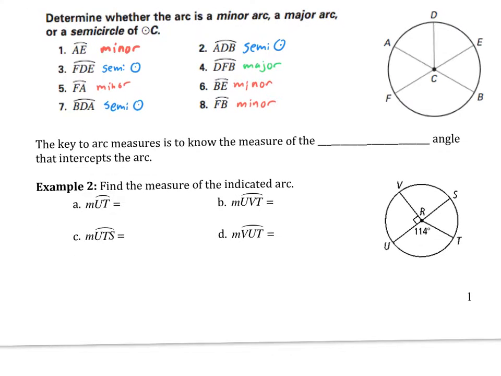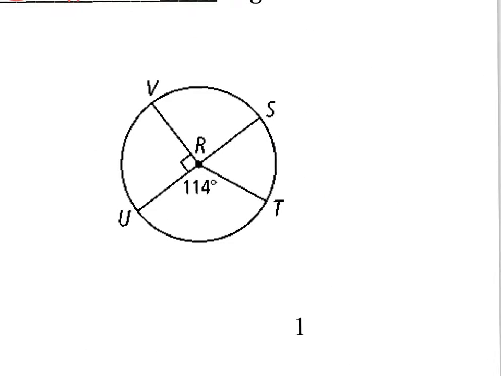All right, so the key to arc measure, so we can measure angles, but we can also measure the arc. And the key on this one is that we need to know the central angle, because that's actually where it comes from. Whatever the central angle is, the arc that gets intercepted, and intercepted means like eaten up, like Doritos. So it's going to look fairly straightforward. So take a look here.